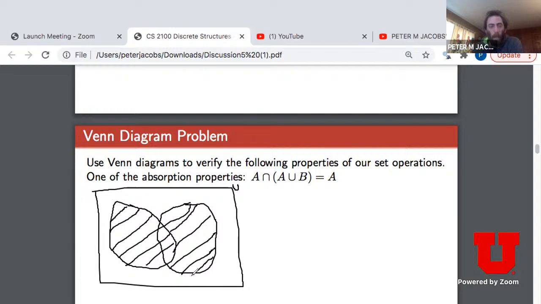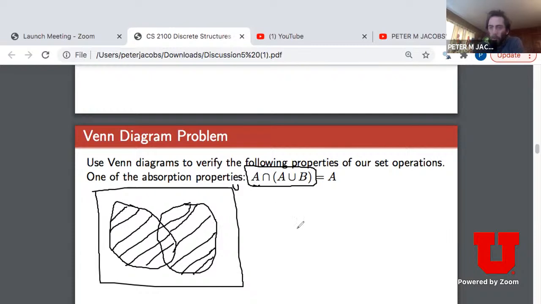All right. So we know that in order to be in this set, an element X has to be in A union B. That element also has to be in A because it's the intersection.